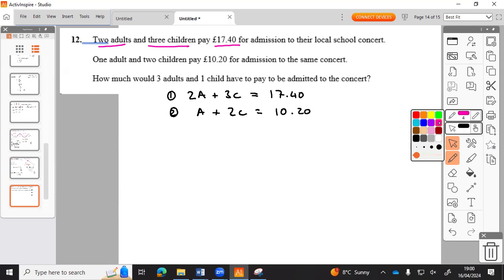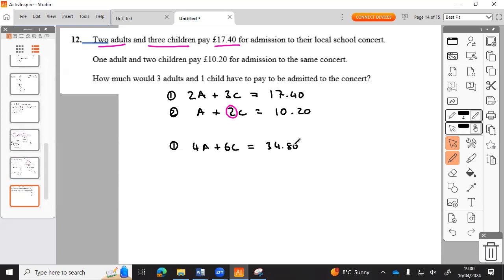So I'm going to multiply the top line, equation 1, by the 2. That gives me 4a plus 6c equals £34.80.